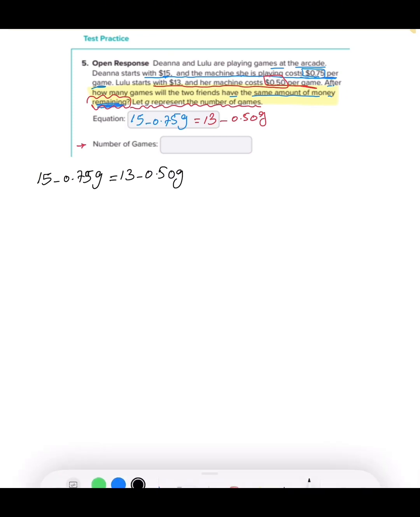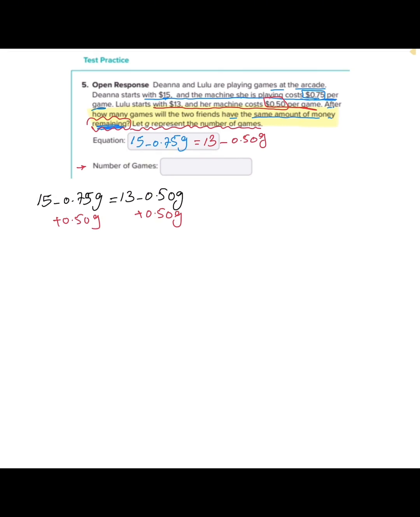As I said, you can start with any of these four numbers. So I will start with plus 0.50G on both sides. You can start with minus 15, it's okay. First side we have 15 minus 0.75 plus 0.50, which is 0.25G, equal 13.